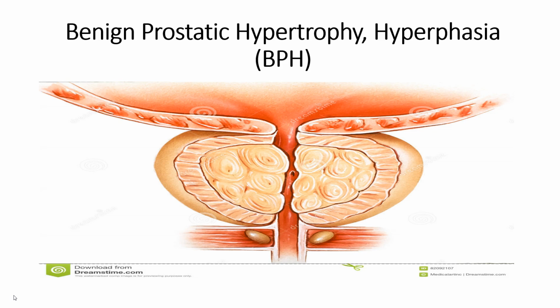That urinary stream, that's one thing that you would ask your patient: has your stream changed? We usually say weaker. So is that stream getting weaker? Was it forceful and now it's just weaker and weaker? Is voiding becoming more difficult?